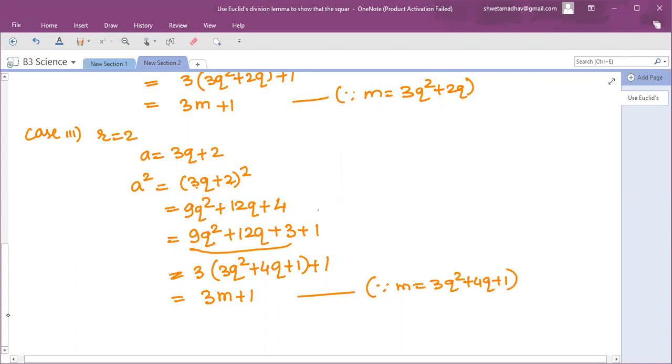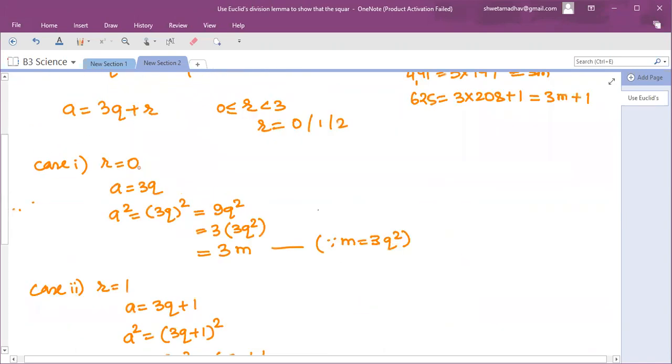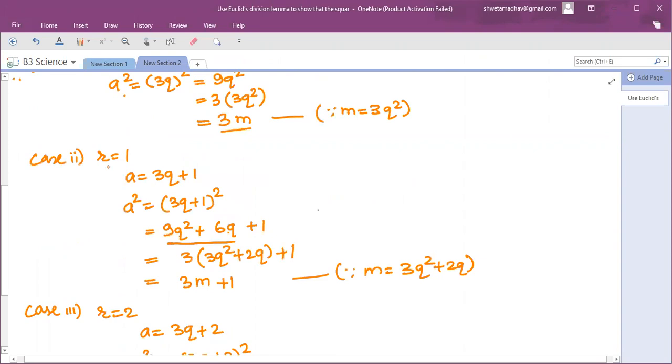So now you see, a number A when divided by 3, if you are getting remainder 0, that time the square of A is of the form 3M. That means it is also completely divisible by 3. When a number divided by 3 gives a remainder 1, then the square of that number is shown in the form 3M plus 1.